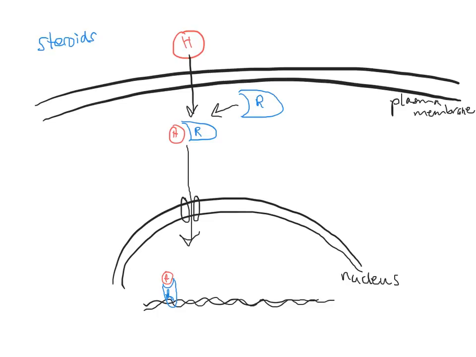And once that hormone receptor complex gets in, it binds to the DNA. You can get changes in which genes are transcribed from that DNA, and that change in transcription leads to a change in cell activity. And that's how steroids cause a change in cell activity.